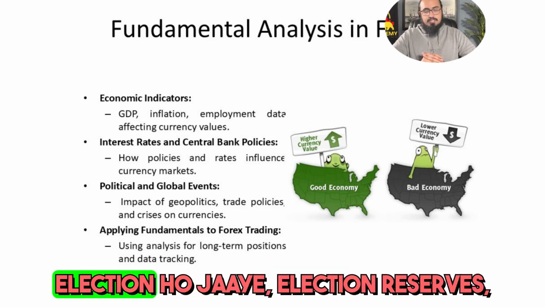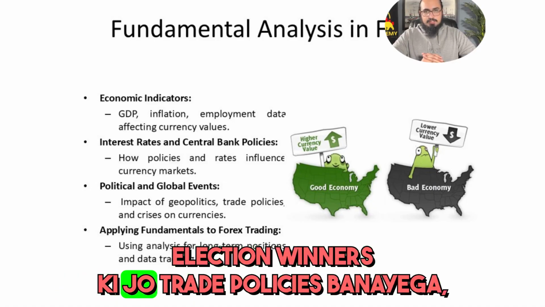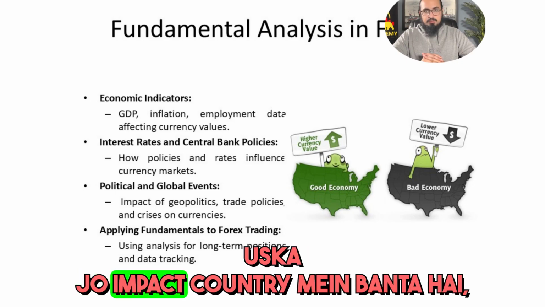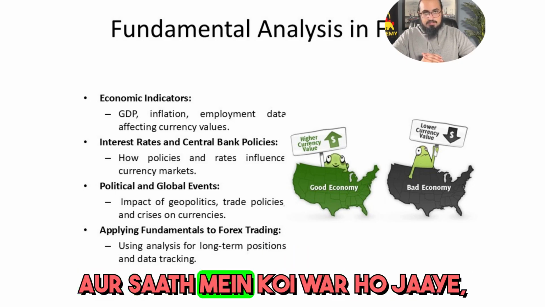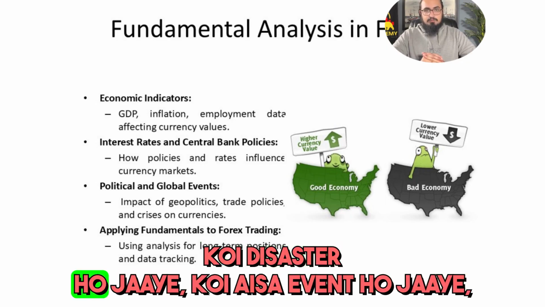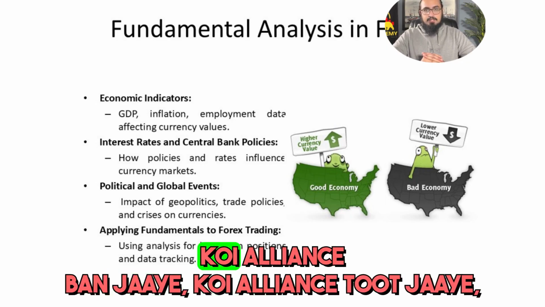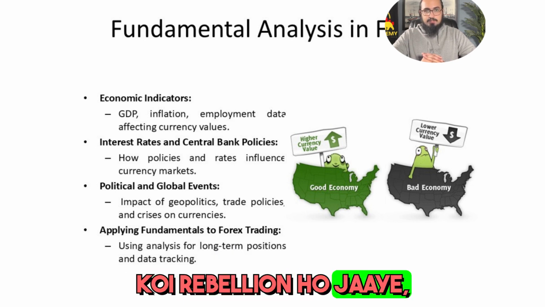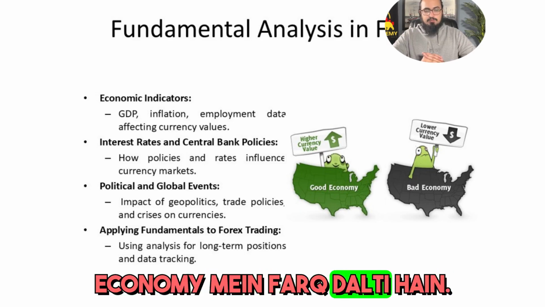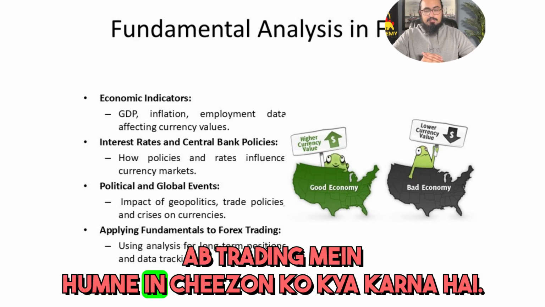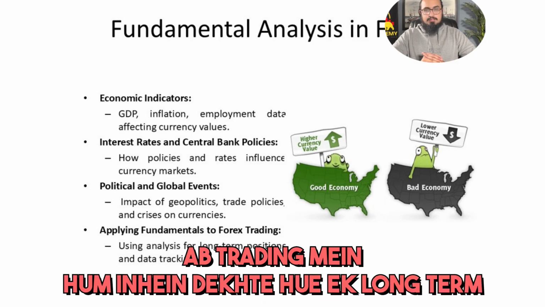Then the second factor is political and global events. Whether it's an election or election results, the trade policy made by the election winners impacts the country and it matters. Additionally, if there is a war, a disaster, or an event like an alliance forming or breaking or a rebellion occurring, all these things affect the country's economy. Now, what do we have to do with these things in trading?